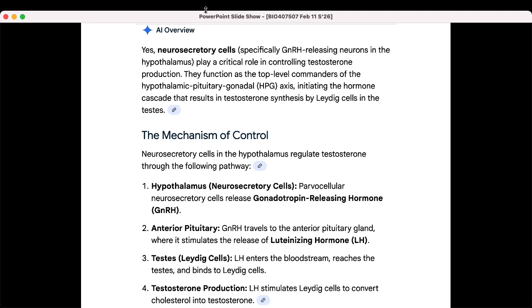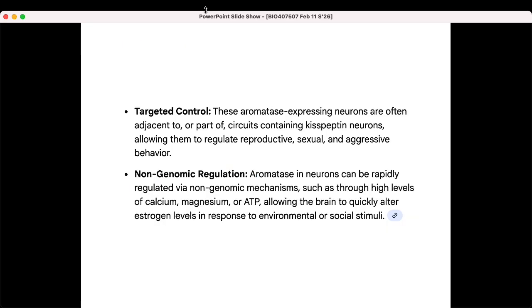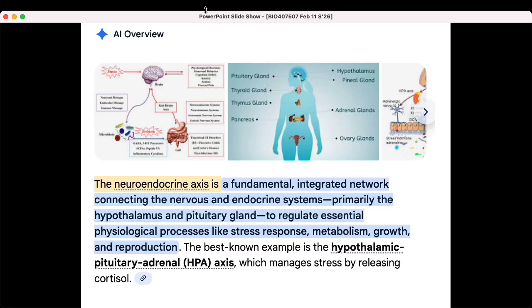The pituitary gland will regulate the hypothalamus and so forth, and then go on to regulate, like, the testes, okay? And this is a little bit different topic, yeah, and we'll get back to that.